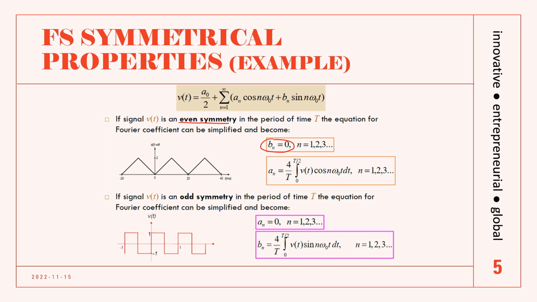Then how you determine your an is based on this equation. If the signal is odd symmetry, it is the opposite way round: your an is going to be equal to 0, and your bn will be given by this equation.